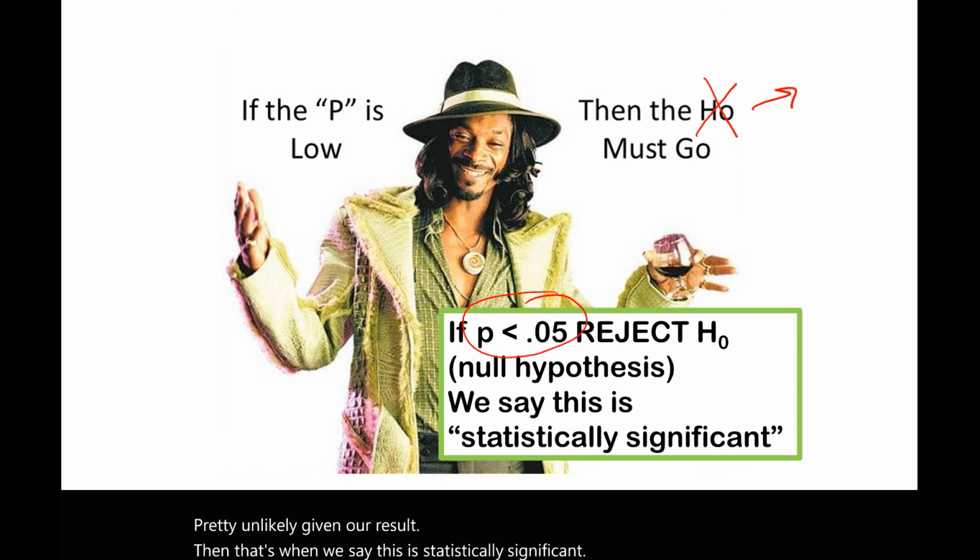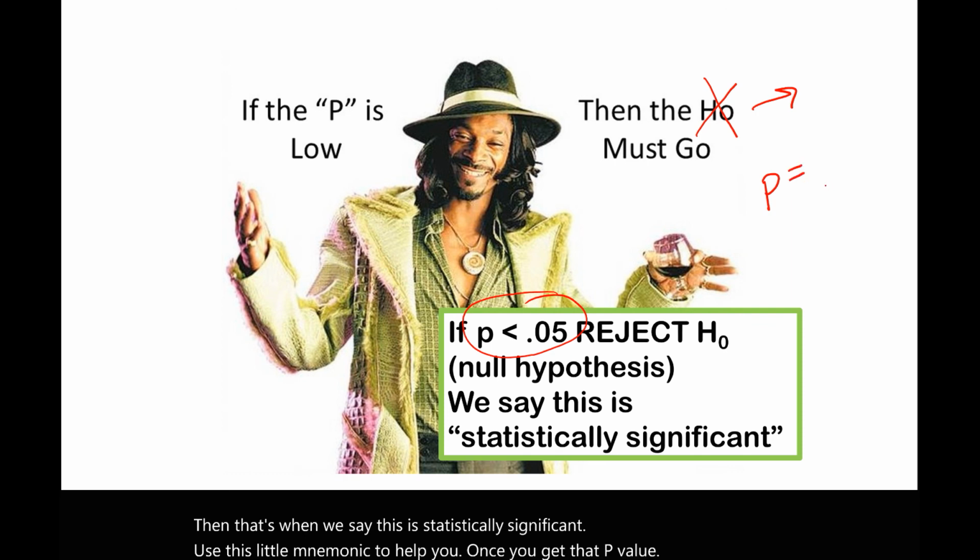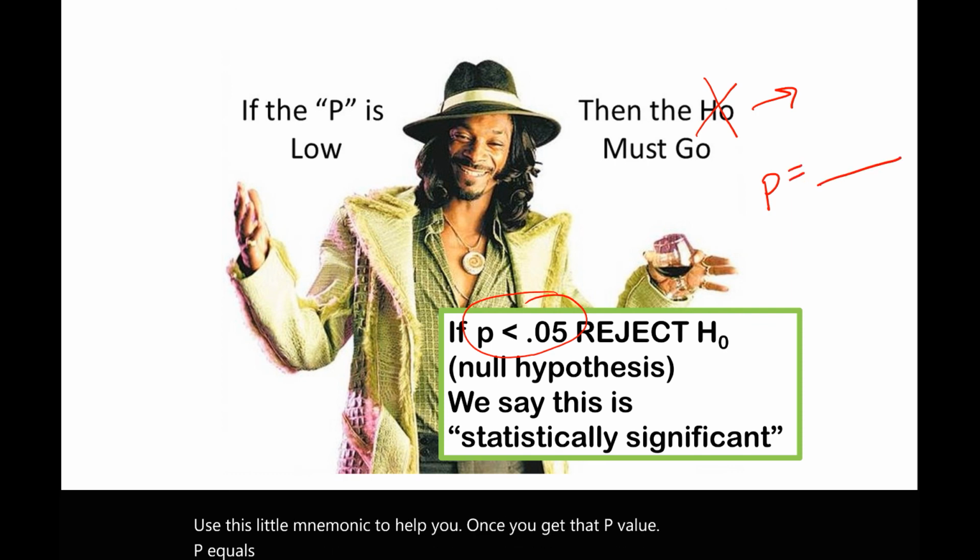Okay. So use this little mnemonic to help you. Once you get that p-value, p equals something, when it's spit out by the computer in your output, we want to know, okay, well, is it above 0.05?